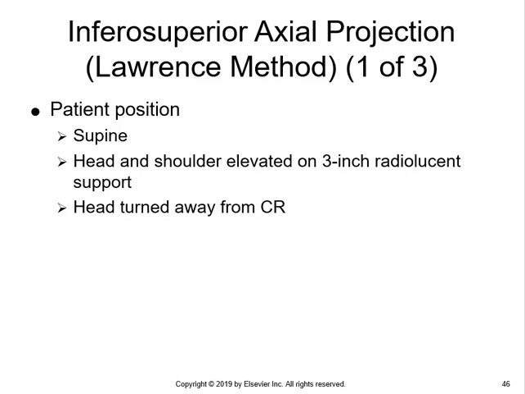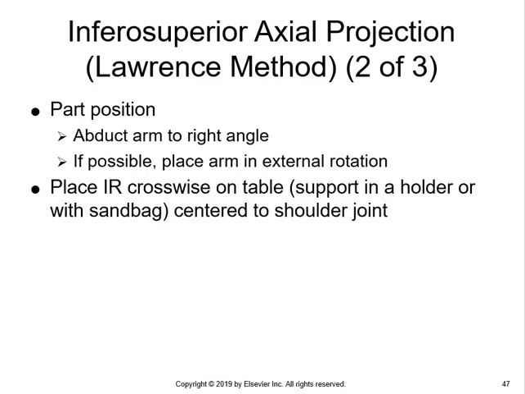So what you're going to have the patient do is turn their head away from the central ray. So if, let's say you're taking an axillary view of the right shoulder, the patient would be looking as far as they can to the left. You're going to abduct the humerus, if they can, all the way out to 90 degrees, so it'll be at a right angle.